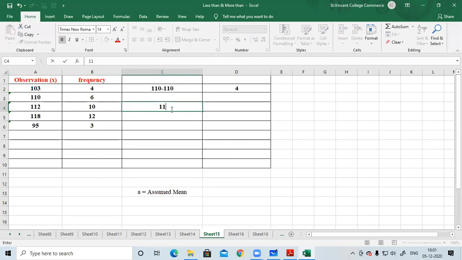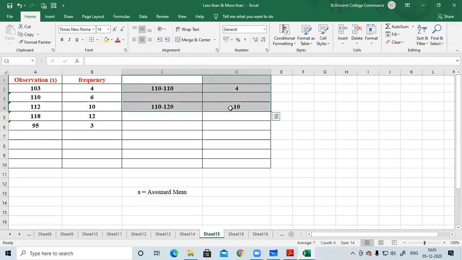If I say this is 110 to 120, 10, what I'm writing right now means there are 10 students who got marks between 110 and 120. So someone might have got 111, someone might have got 119, that is the meaning of the classification which I just showed. But here it means 10 students got exactly 112. That means all 10 have 112. 12 have 118. That means all 12 have 118. So did you understand the meaning of this?